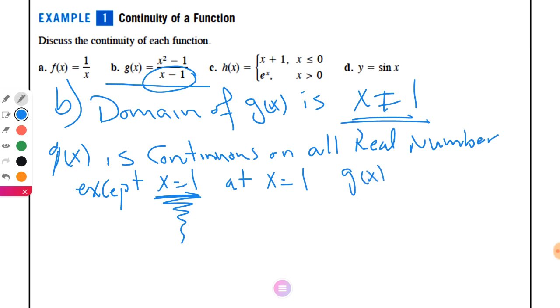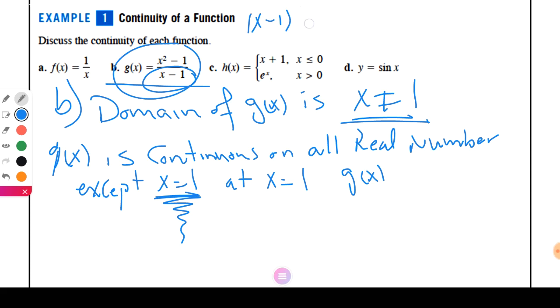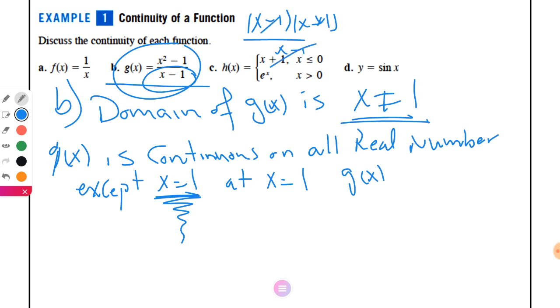But what is the kind of this discontinuity? If the function can be redefined, in this case, it is removable. As you see, we can write x minus 1 multiplied by x plus 1 over x minus 1. I can redefine this function, so it is removable, not non-removable.